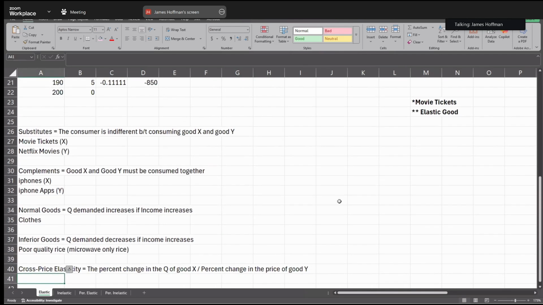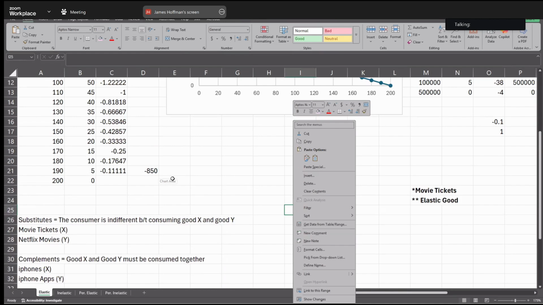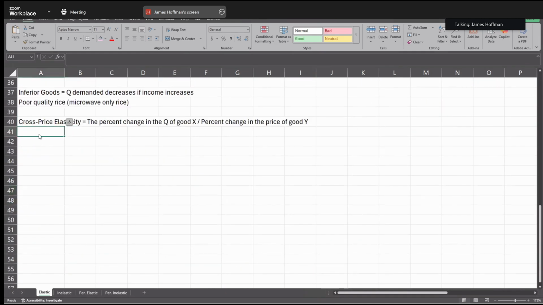So, let's see. So basically, first one was substitute. So substitutes would have a cross price elasticity that is, so let's see.